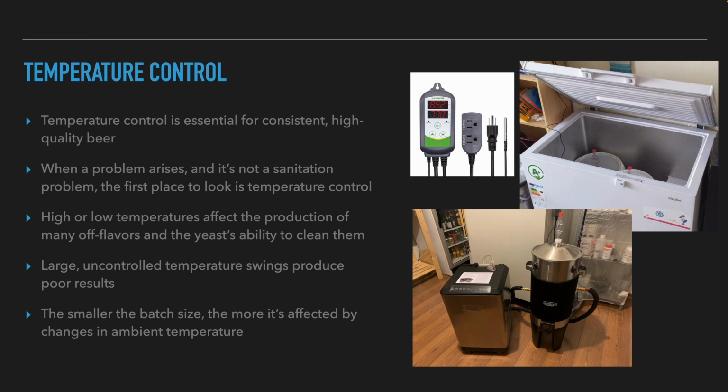Temperatures that are too high or too low greatly affect the production of many off flavors and the ability of the yeast to clean them. Where there are large and uncontrolled temperature changes, we will get a beer with more off flavors. The smaller the batch, for example, in homebrewing, the more it will be affected by changes in the temperature.